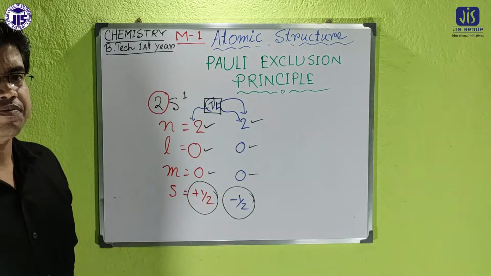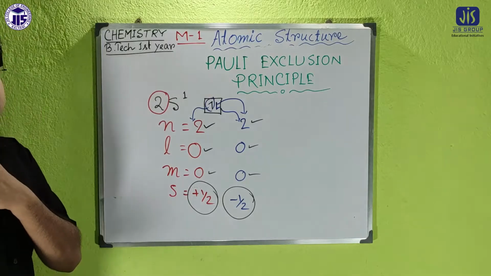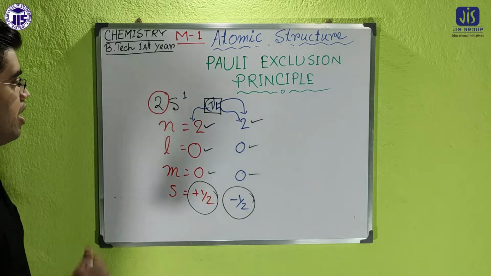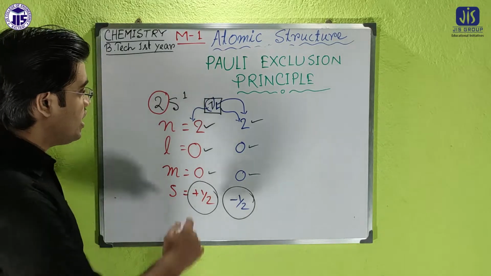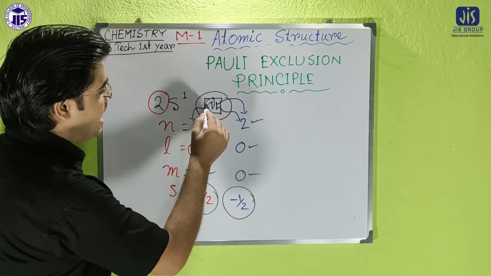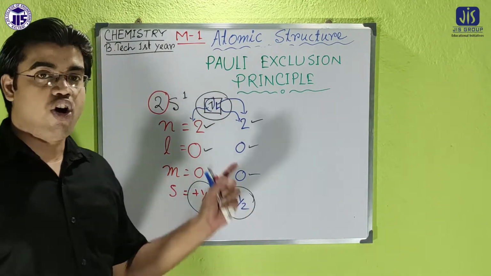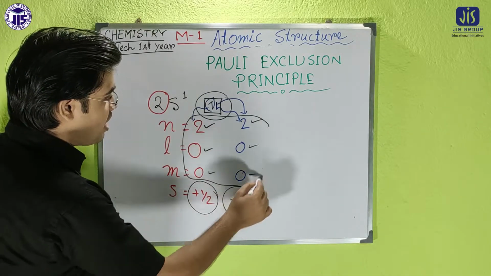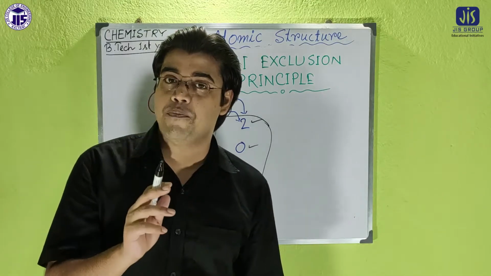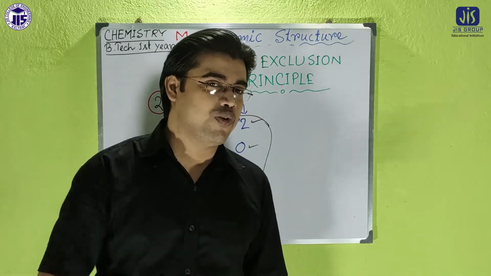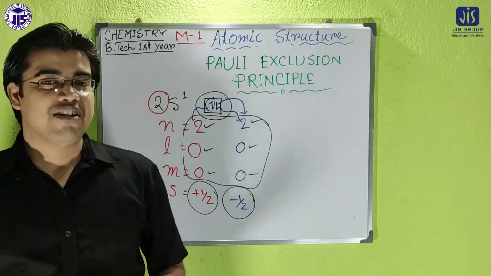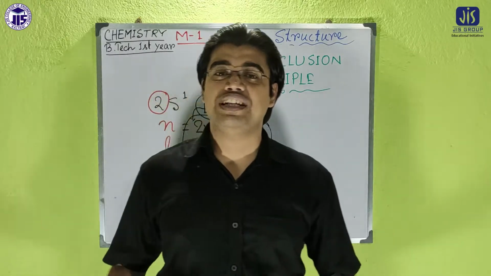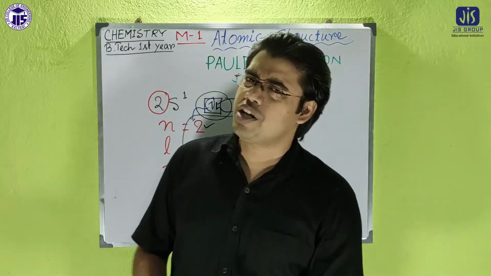So think about here that if we consider 2 electrons for any particular subshell or any orbital, then what happens? There is a probability that maximum 3 quantum numbers can be same, but not the fourth one, and this is actually the Pauli exclusion principle. So what is the Pauli exclusion principle? How we can write down the statement of the Pauli exclusion principle, students?